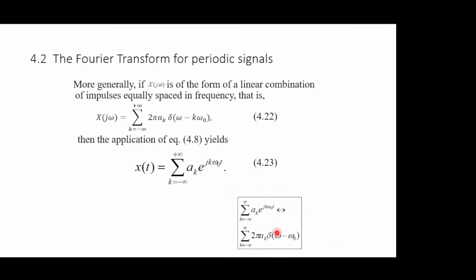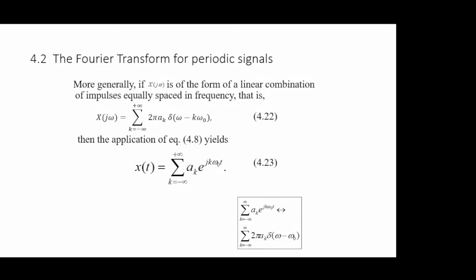So basically we have this Fourier pair. The Fourier series expansion, the sum of a k e to the j k omega naught t, has Fourier transform the sum over k of 2 pi a k delta of omega minus omega. Here we have a little error, right? It should be omega minus k omega naught.